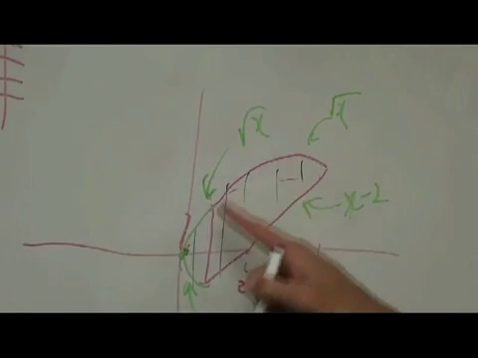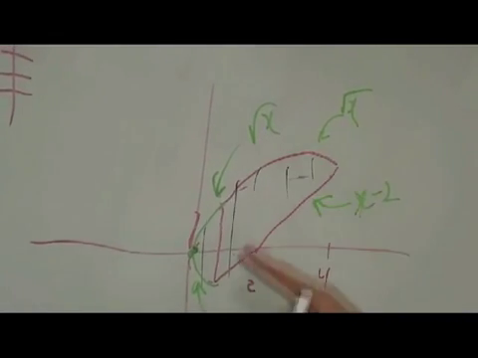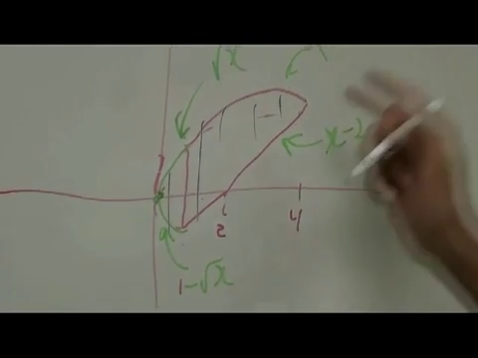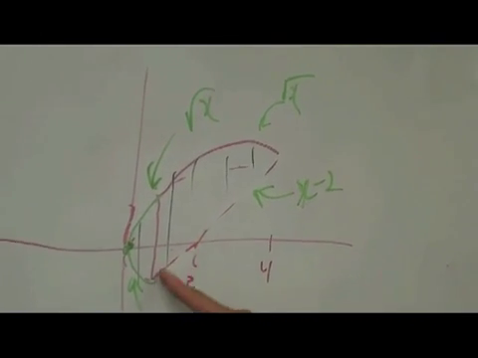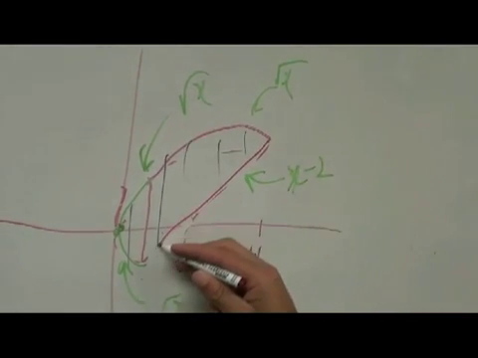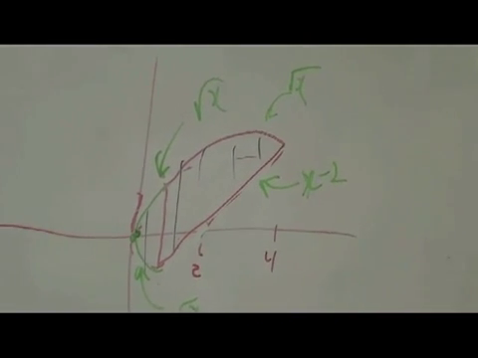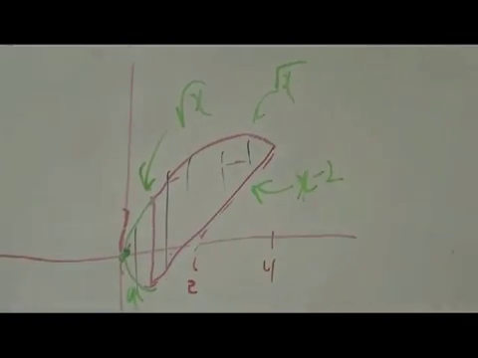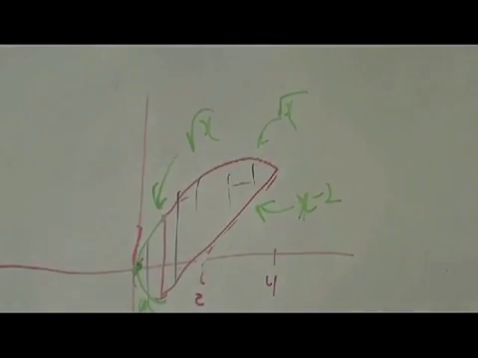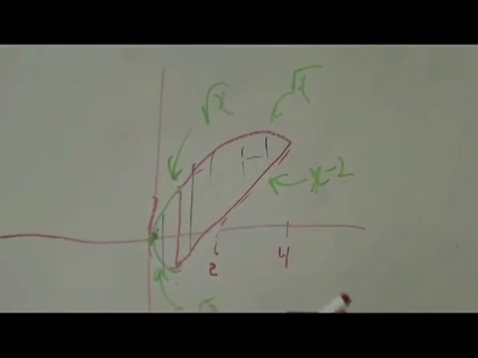And you notice this top curve is root x, this bottom curve is negative root x, and then this line right here, let me redraw that to make it a little neater. This line is x minus 2. So we're integrating this region around, again, the y-axis. And remember our bounds were from 1 to 4.